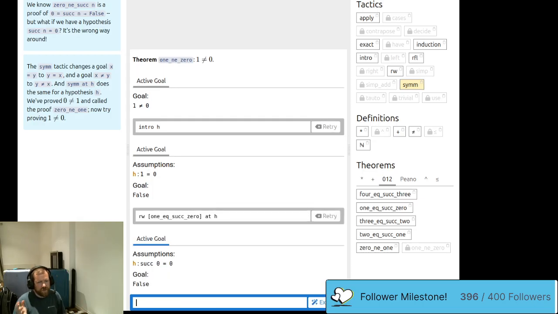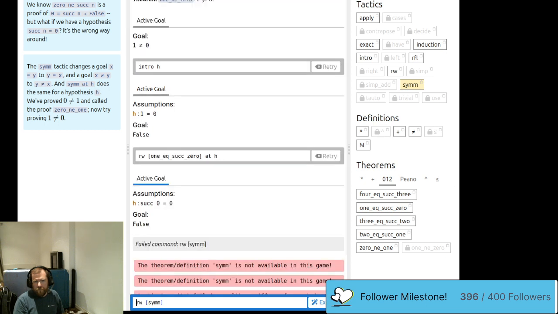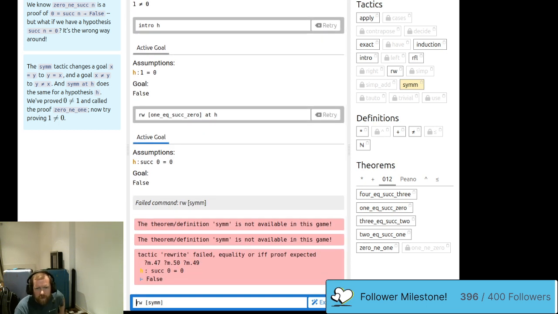This is going to be a perpetual problem. Okay, so then sim. Nope. At h. Boo. Okay. Oh, not available in this game. Okay. No, that's fair. I just wasn't reading closely enough.